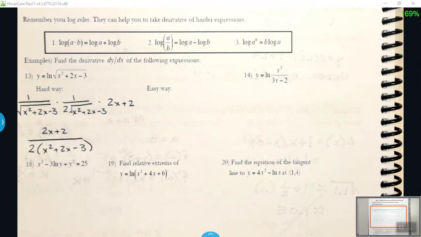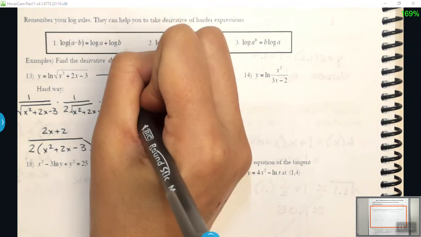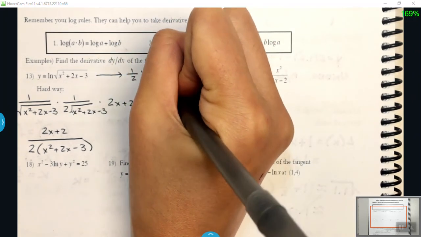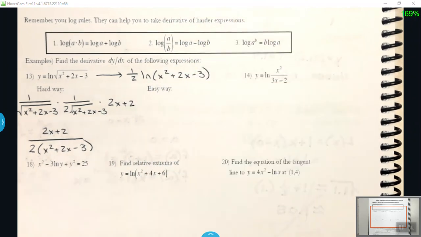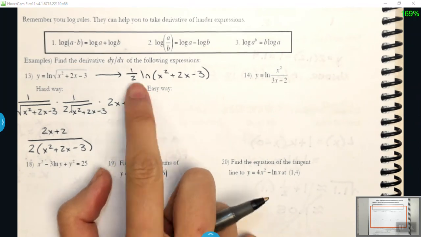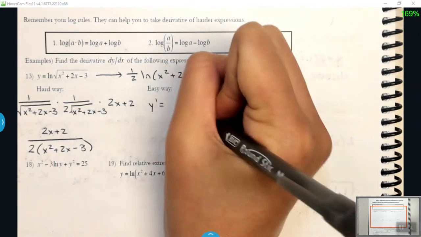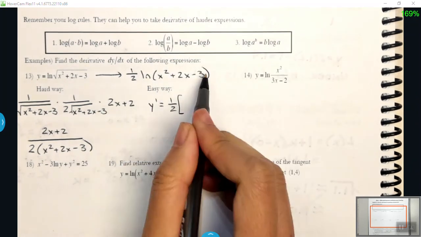Okay, so the easy way is to simplify this by using your log rules and pulling out the 1/2, and then taking the derivative of that. So if that's my original function now, all I have to do is leave the 1/2 out and then take the derivative of this part.